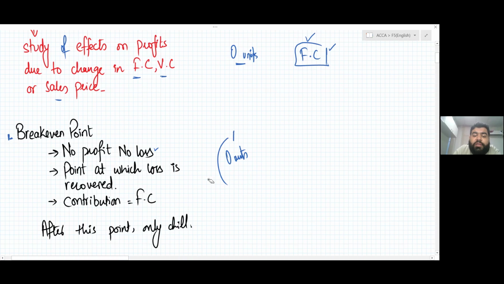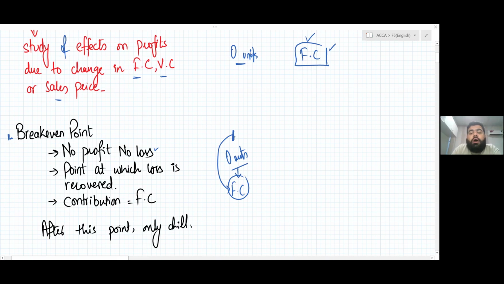Actually, when you are selling zero units, you still have shops, you have a factory, and you have salaries to be given to your managers. So you have a lot of fixed cost at that point. Even if you are not selling units, your business has to incur the fixed cost to run the business.